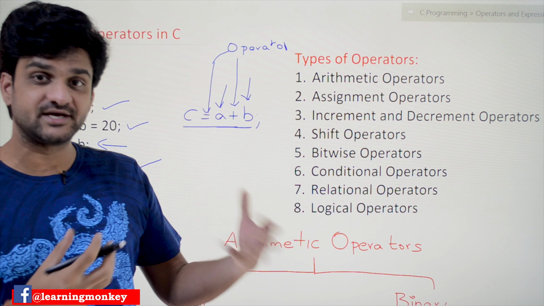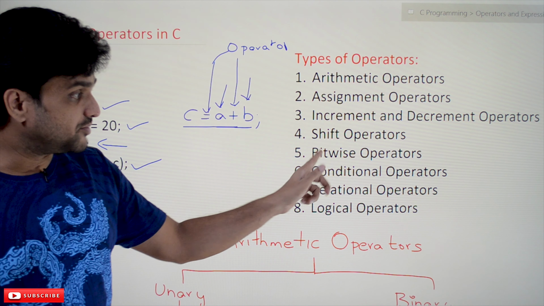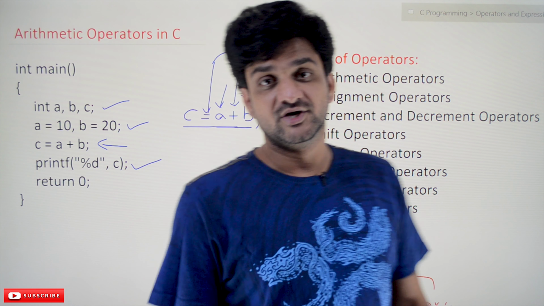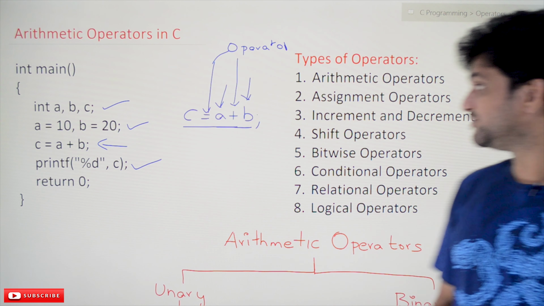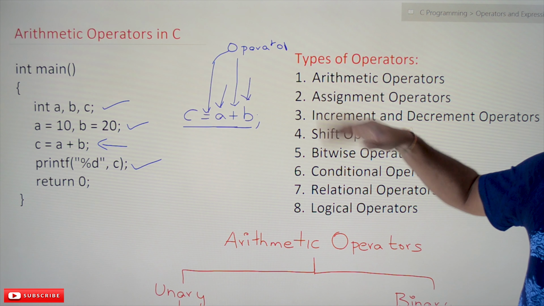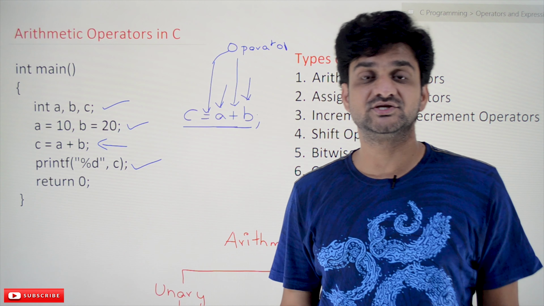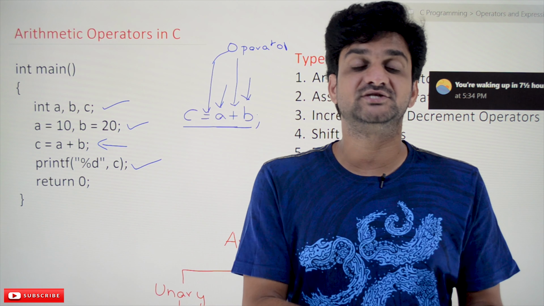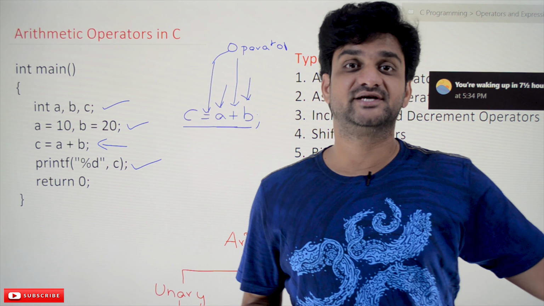The different types of operators that C supports are arithmetic operators, assignment operators, increment and decrement operators, shift operator, bitwise operator, conditional operators, relational operators, and logical operators. All these types of operators we'll try to understand in the later videos. Apart from this, there are many other types of operators, which we will discuss whenever the context arises.